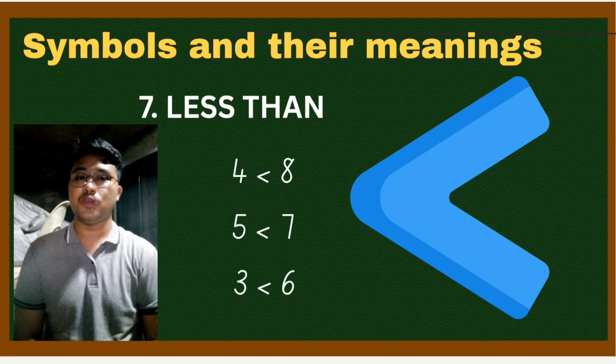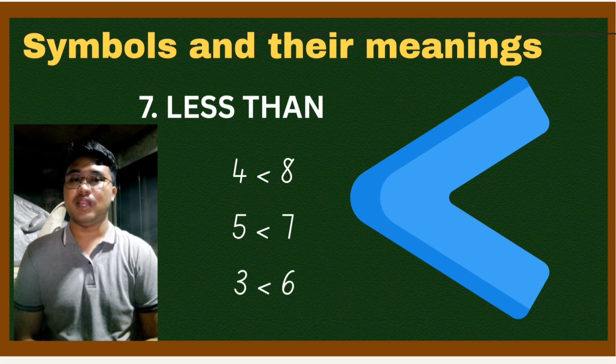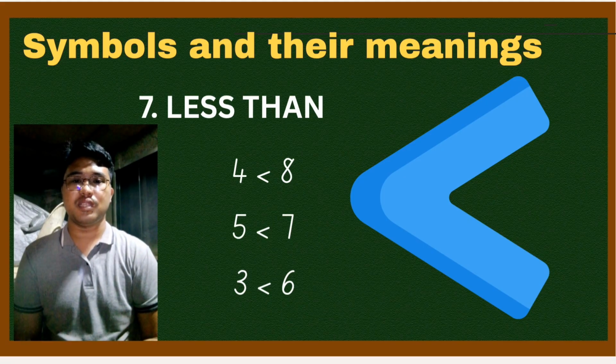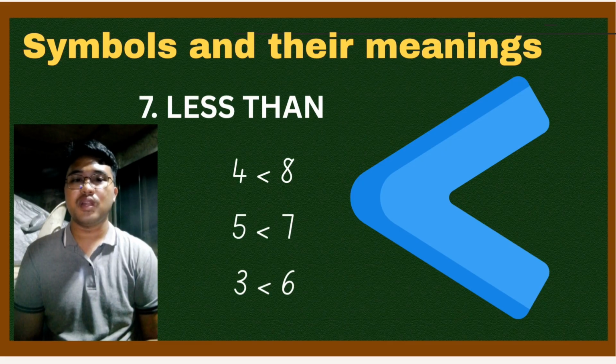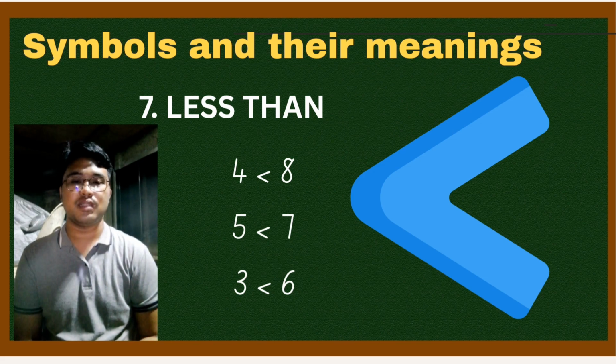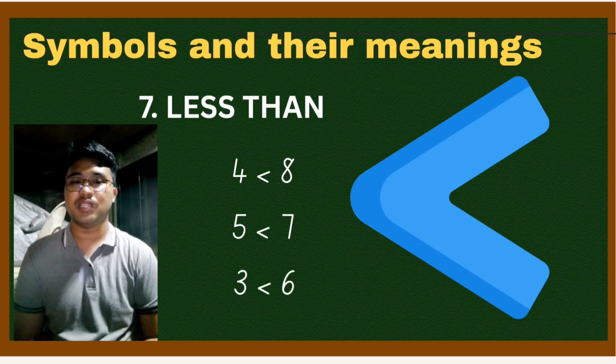And now let's move forward to the last symbol, the less than. The less than symbol is used to show that the number on the left side is smaller than the number on the right side. For example, the 4 and the number 8. So 4 is less than 8. The next example is 5 and 7. So 5 is less than 7.